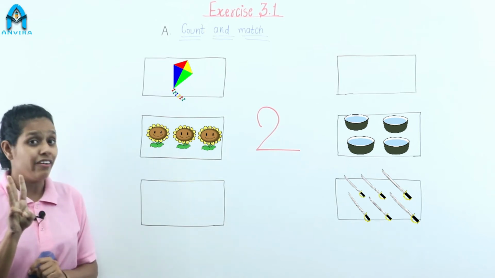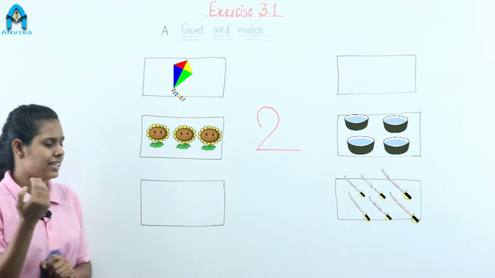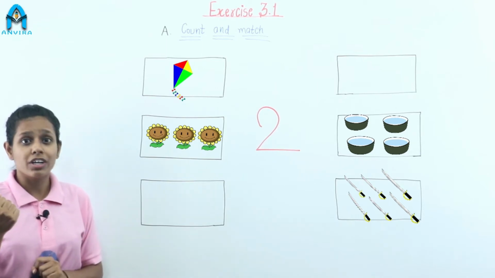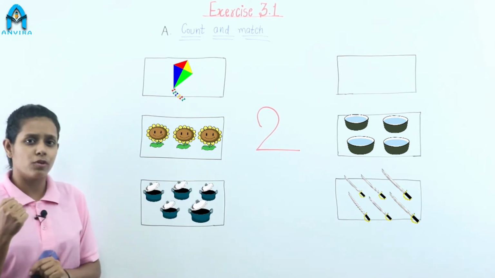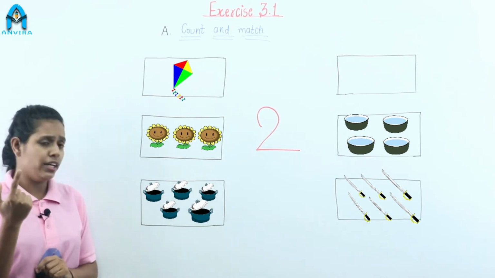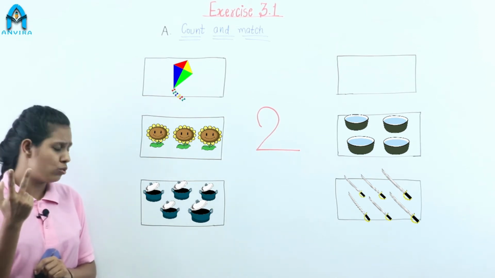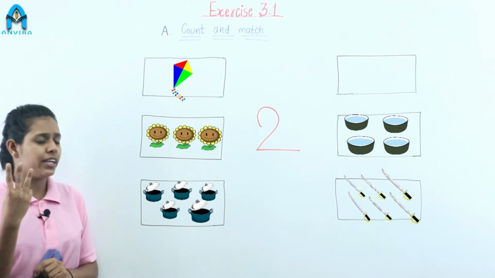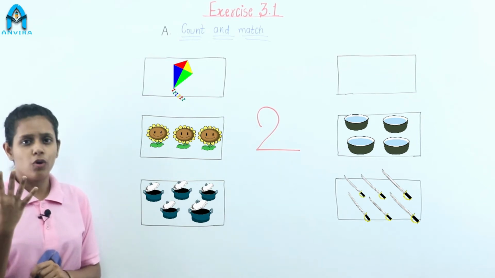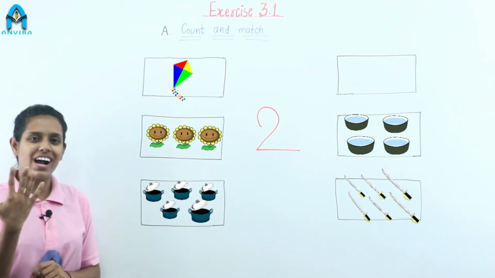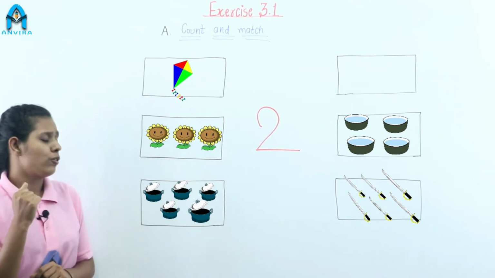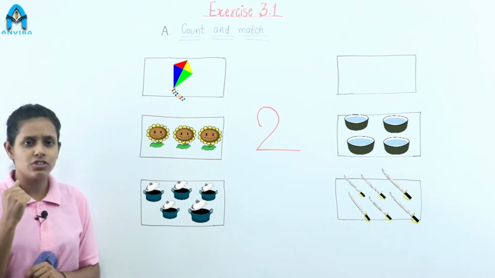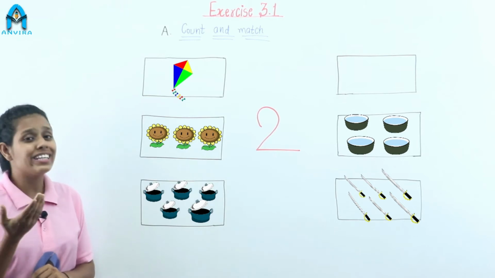No. We have number 2. Next, cooking pots. How many cooking pots? 1, 2, 3, 4 and 5. 5 cooking pots. Can we match? No.